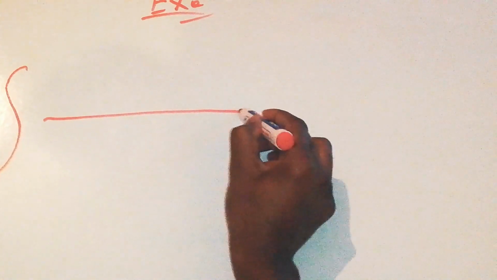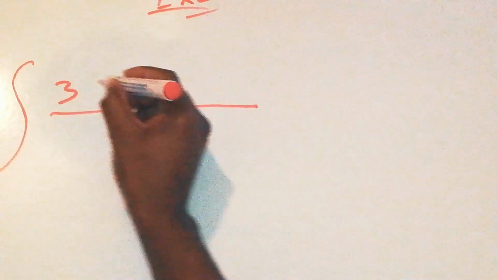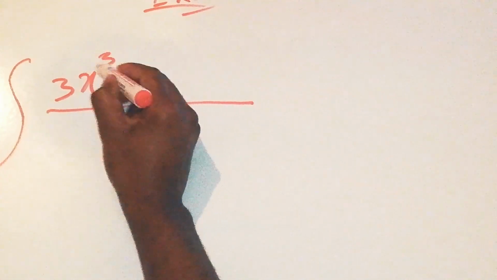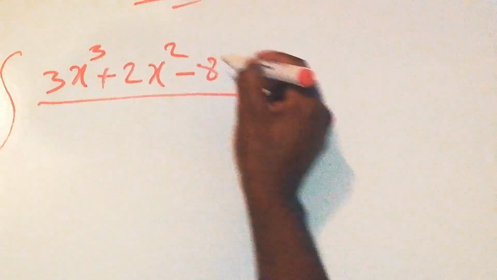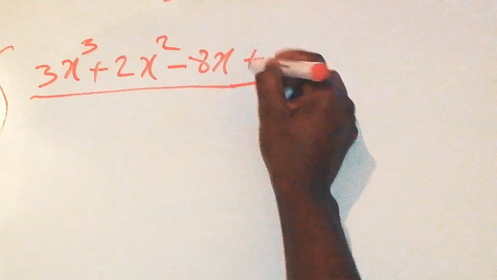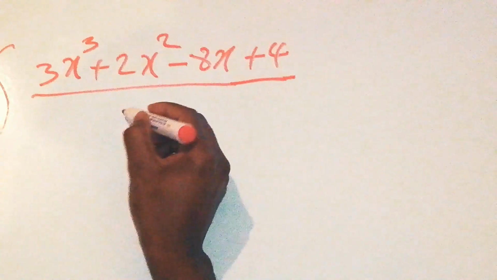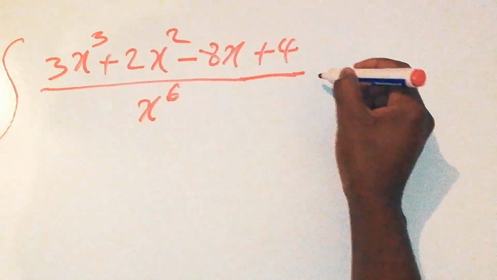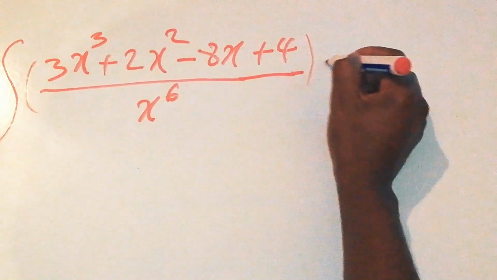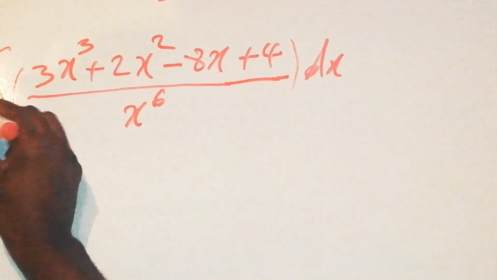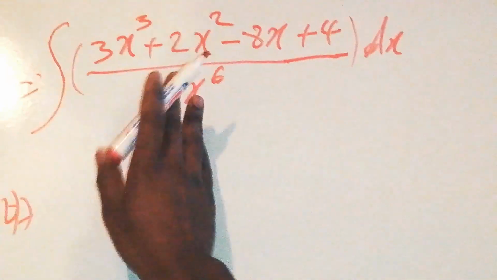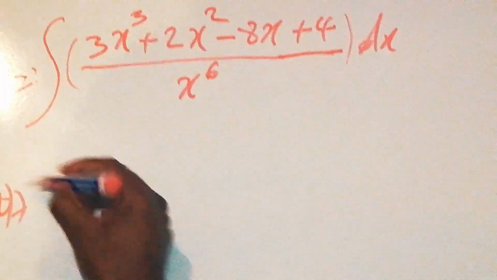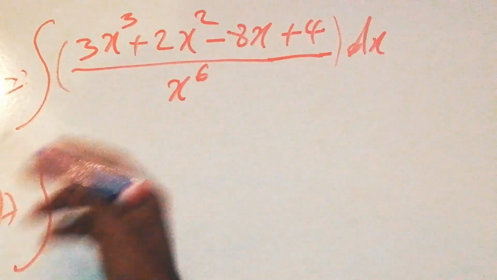Let's say you have the integral of 2x exponent 3 plus 2x exponent 2 minus 8x plus 4 over x to the 6, dx. That's your first one, and then we have another one. You can go through this and see if you understand.